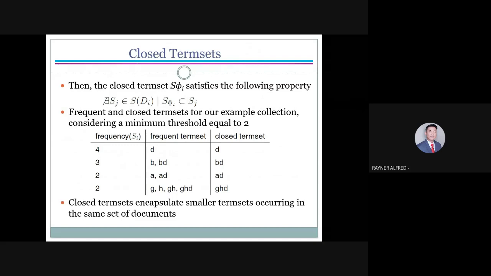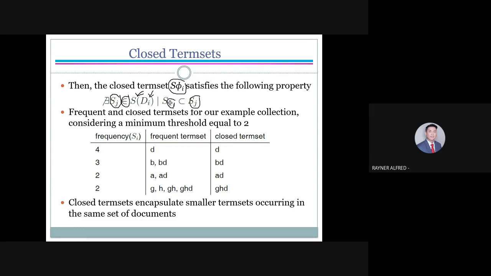Then the closed term set, which is this symbol, satisfies the following property: there does not exist a term set in this document such that this closed term set is a subset of it.